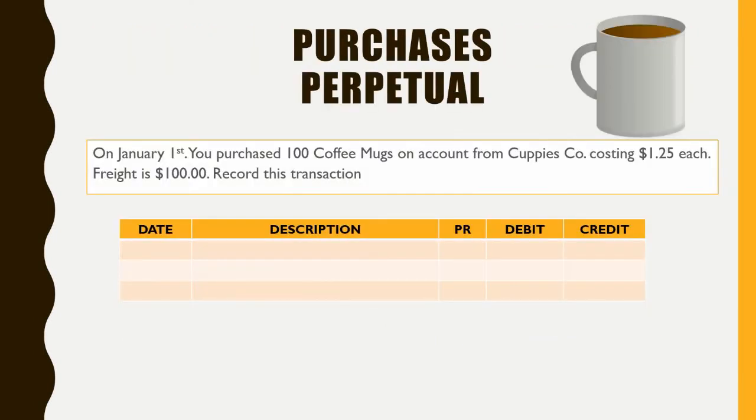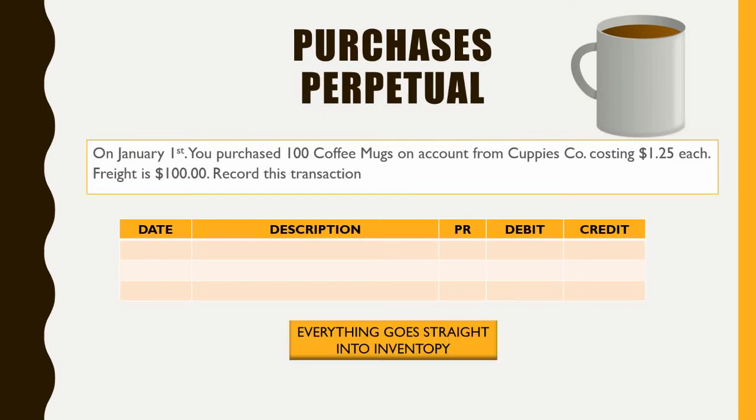So now let's talk about actually doing the return portion. So let's first record that we purchased some coffee mugs, right? On January 1st, you purchased 100 coffee mugs on an account from Cuppy's Co. And they cost you $1.25 each, with the freight costing you $100. So record this transaction.